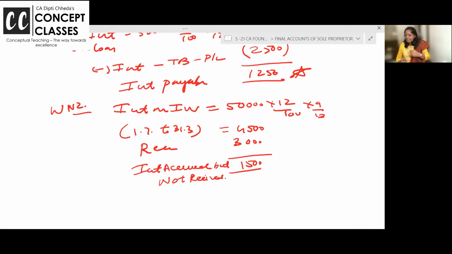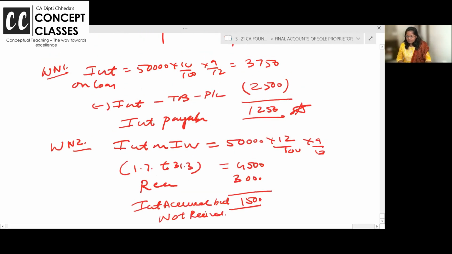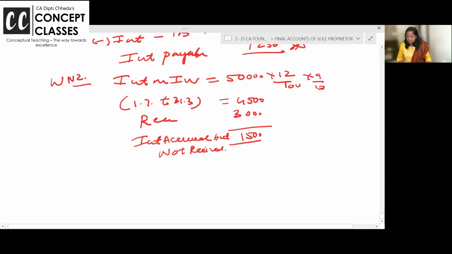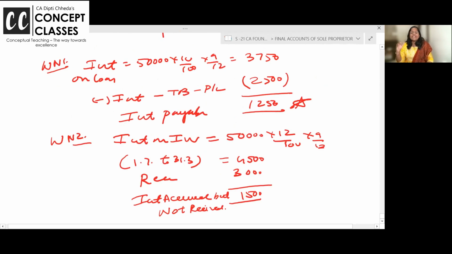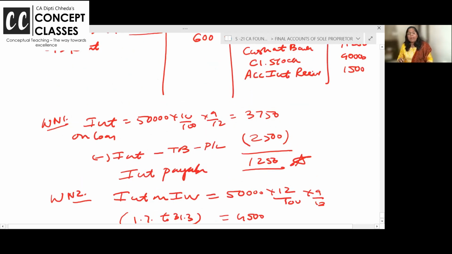Everyone is sorted and clear with this? Interest on investment. Isn't it a spoon feeding problem? What is interest received 3,000 and what is accrued but not received? That figures are given ready. Then why am I making working notes? Just to explain you.